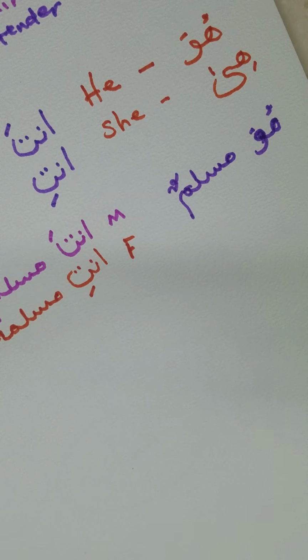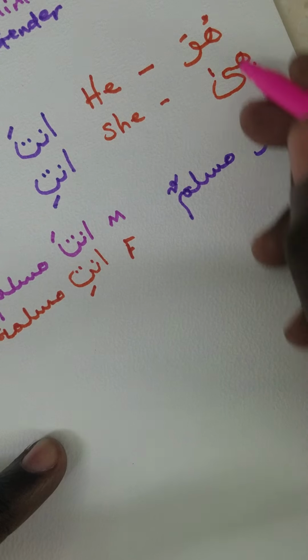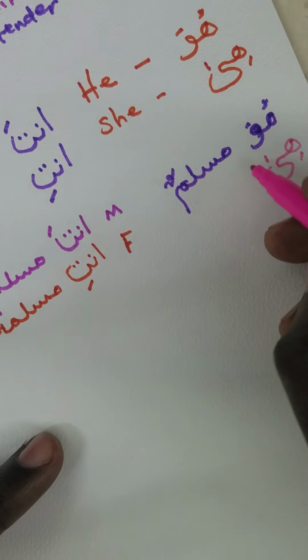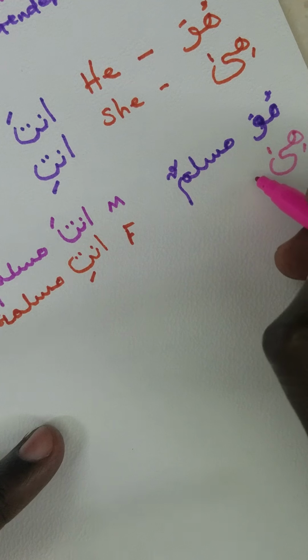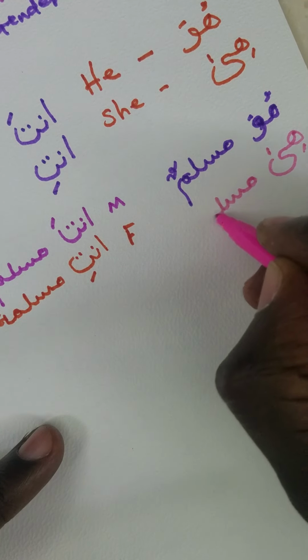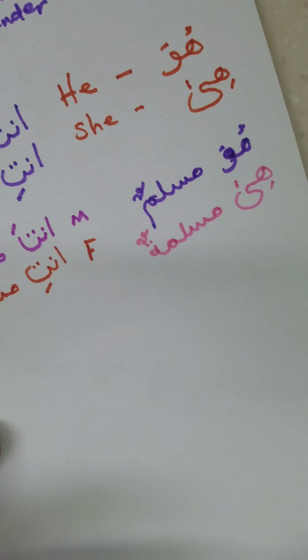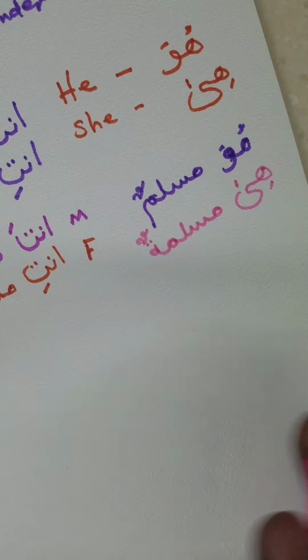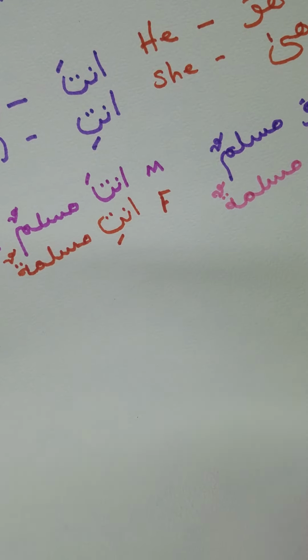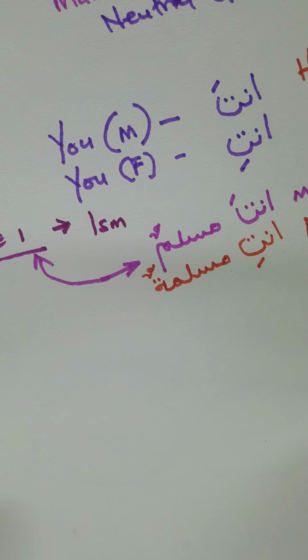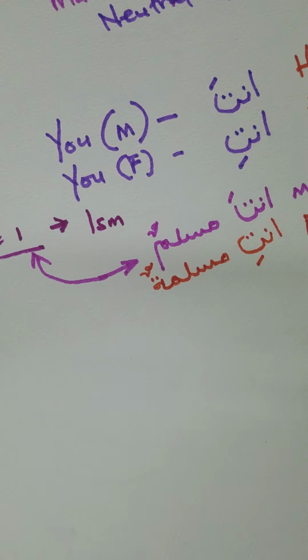Again, if I want to say "she is a Muslim," we are going to use "hiya": "hiya Muslimatun." So this is how easy these things are. Now I want to introduce to you how we are going to use I, you, he, and she.